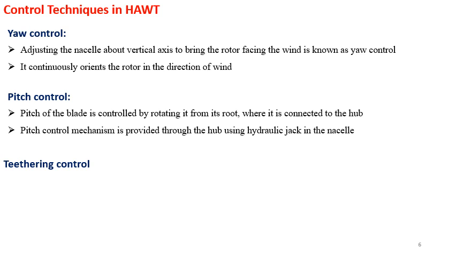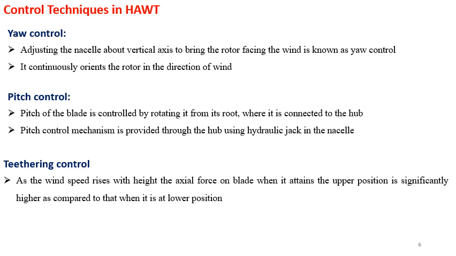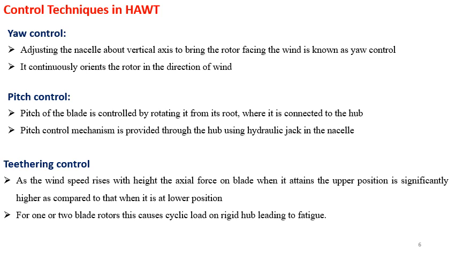The next control technique is tethering control. Since the wind speed rises with height, the axial force on the blade when it attains the upper position is significantly higher as compared to that of the lower position. For one or two blade rotors, this causes cyclic load on a rigid hub, leading to fatigue.